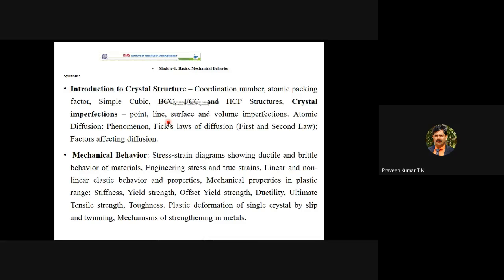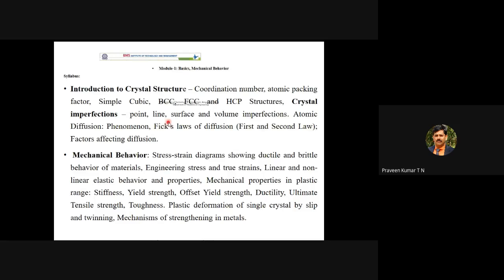So you have to imagine that even when the metal is in the solid state, the atoms are moving from one lattice structure to another lattice structure, or one unit cell to another unit cell in the crystal structure. Those types of words you have to use when talking about diffusion.